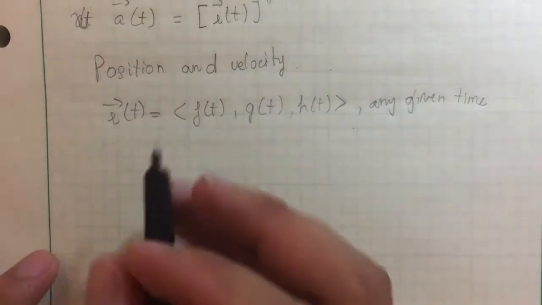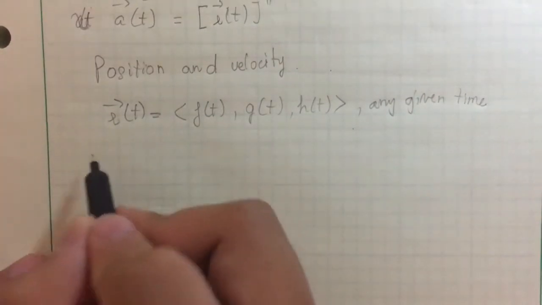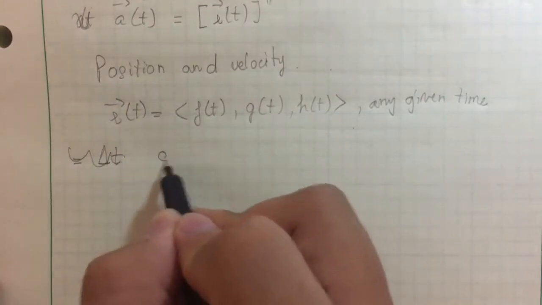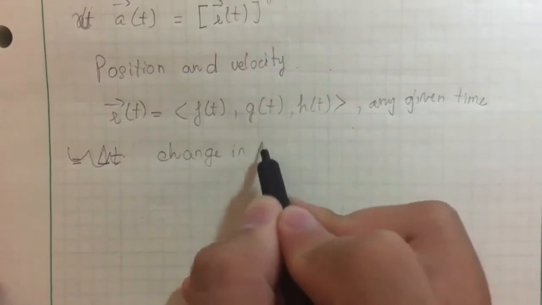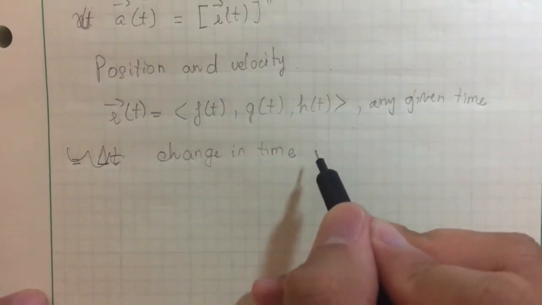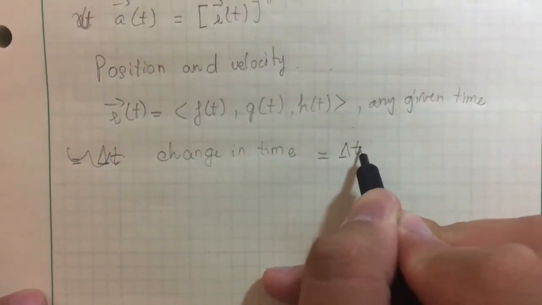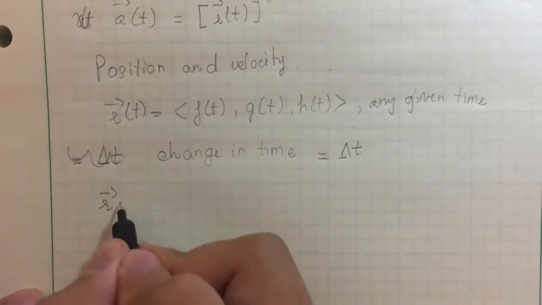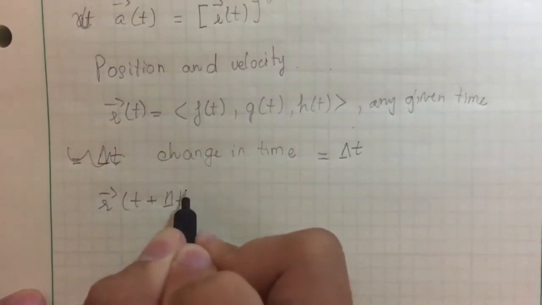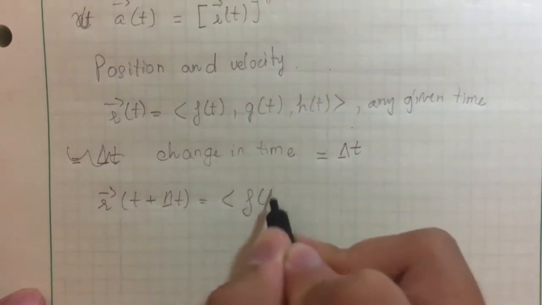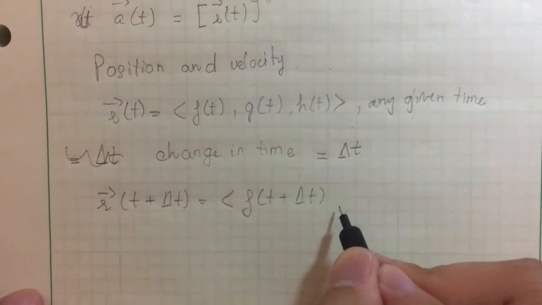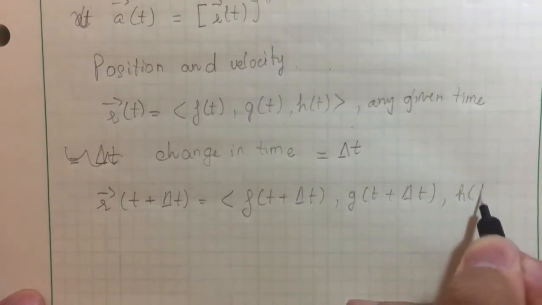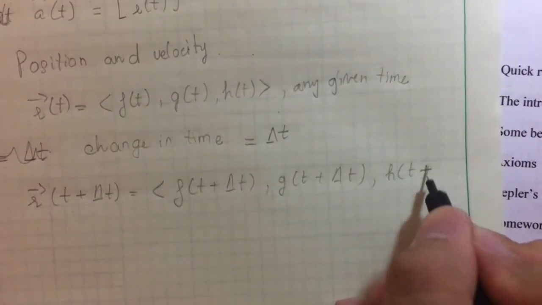Then with a very small change in time, let's call that change in time delta t, we have r of t plus delta t.